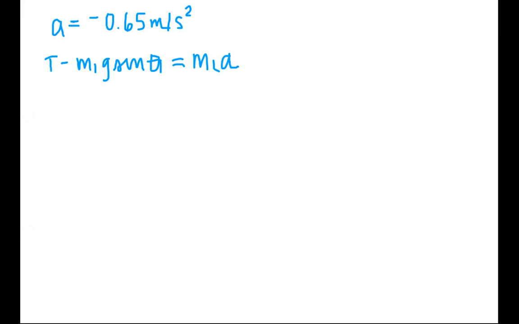The second equation is technically the tension on the part that's connected to m2, but we can just assume it's the same as the tension connected to block 1, so we can only use this equation. We don't need to bother using both of them or solving for the system. We can just solve for T.